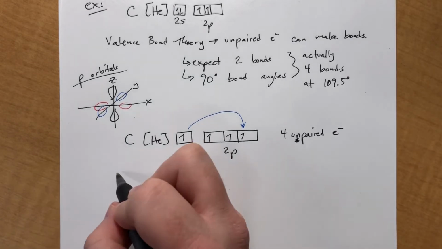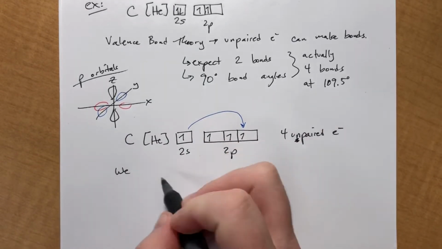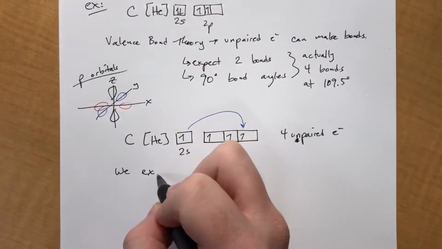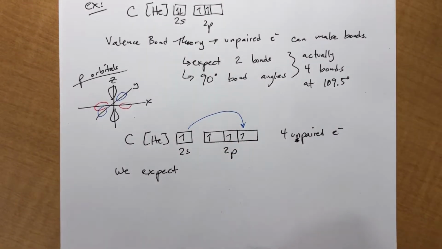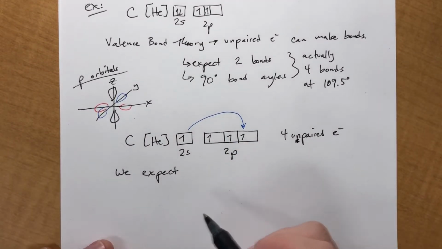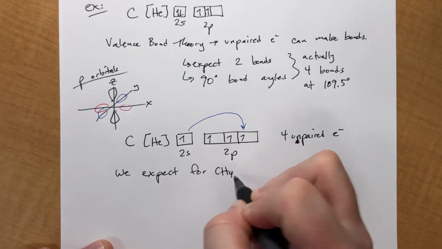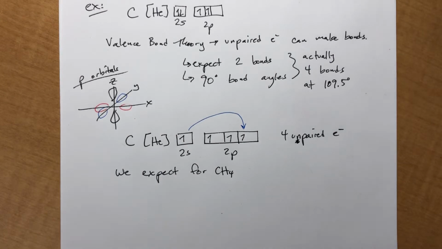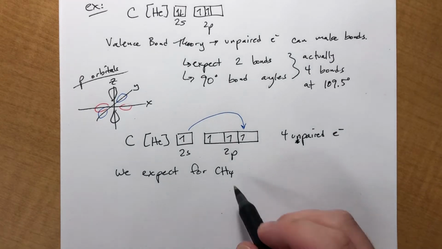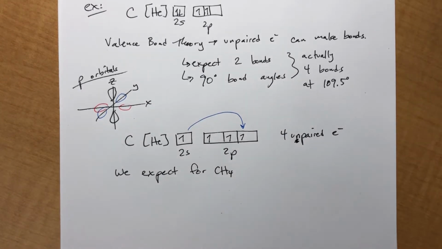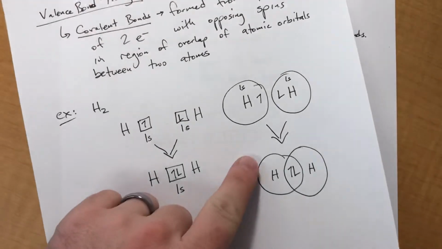Okay. At this point, if we started from here and we still used valence bond theory, we expect, like suppose we had CH4. Okay. Simplest tetrahedral I can think of. We would expect the hydrogens to all have s orbitals like we saw in the last page, s orbital.